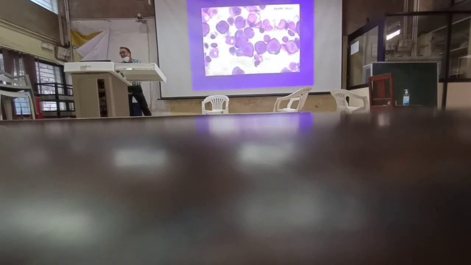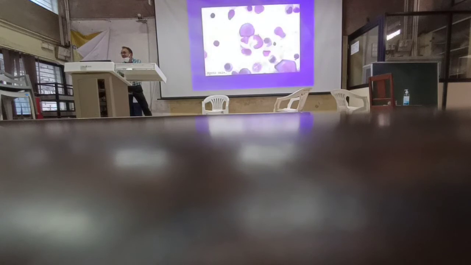Here also there is one late normoblast. You can see the sieve-like chromatin picture of that normoblast, and these are the giant megaloblasts, which are not this large in normal cases. So giant megaloblast is present.